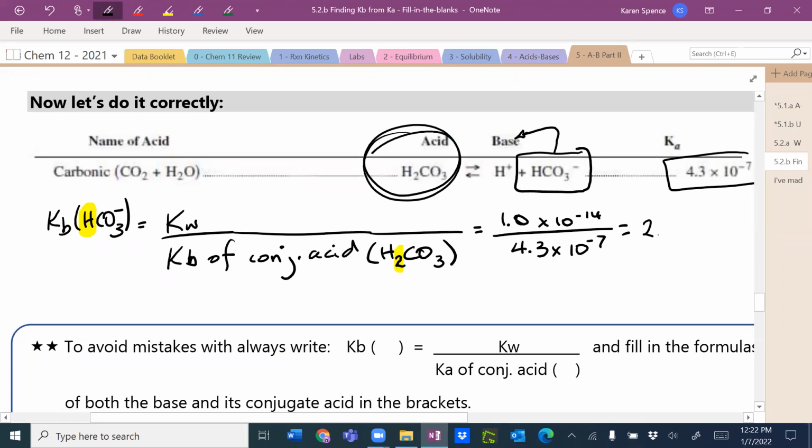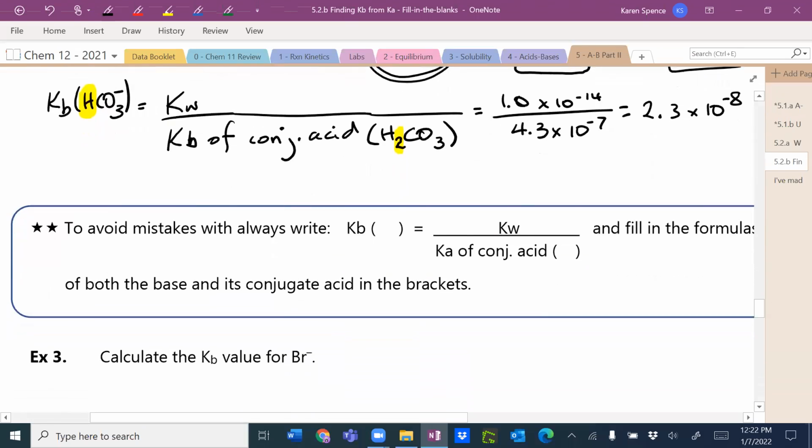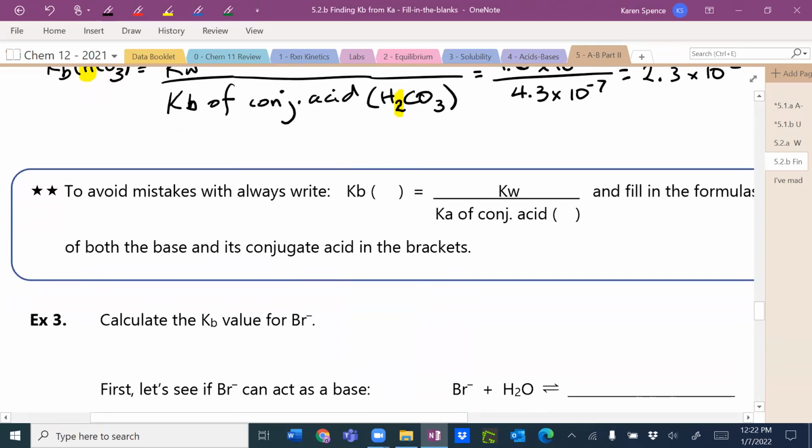Here's a handy tip. If you are doing a lot of these calculations all at once, you might want to plug 1 times 10 to the negative 14 into the memory function of your calculator. Save some typing, okay? At any rate, to avoid any mistakes, you're always going to write Kb of whatever is equal to Kw over Ka of the conjugate acid, and you're going to add that extra hydrogen there.